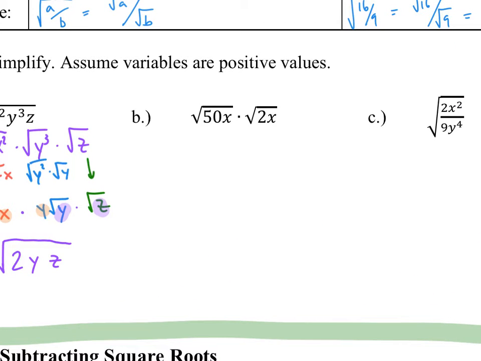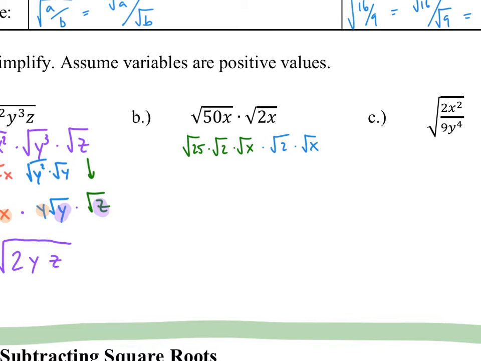Square root of 50x times the square root of 2x. So if we break things apart, we know that the square root of 50x can be rewritten as the square root of 25 times the square root of 2 times the square root of x. And then the square root of 2x can be rewritten as the square root of 2 times the square root of x.